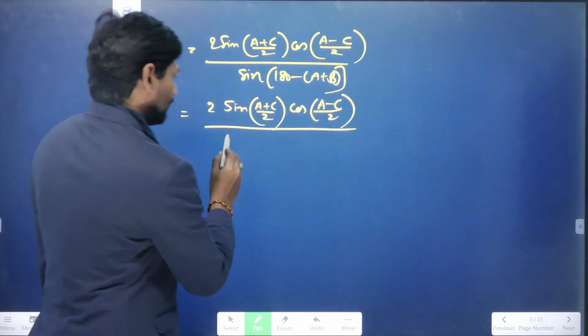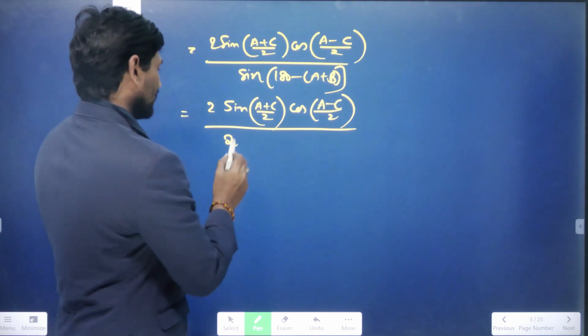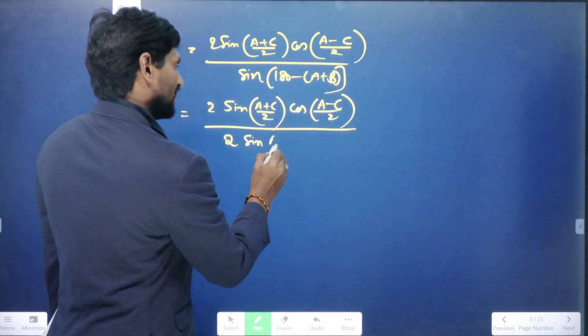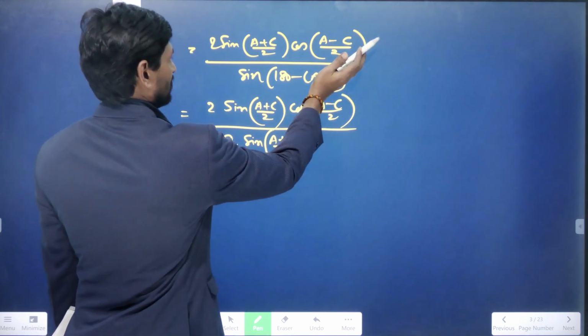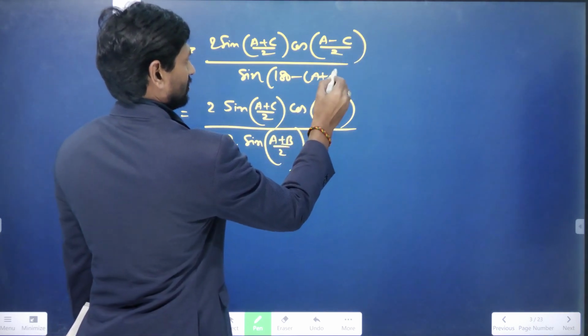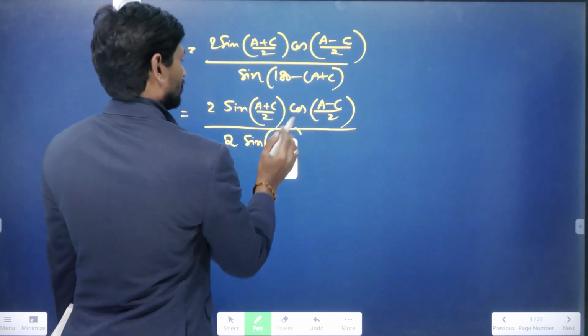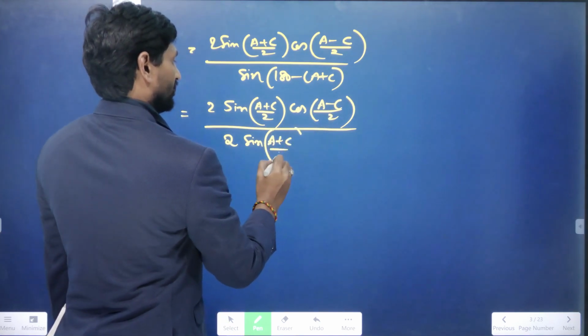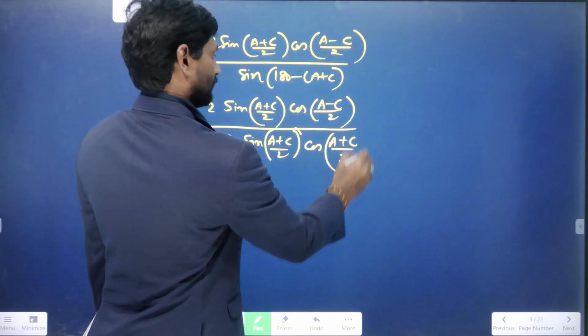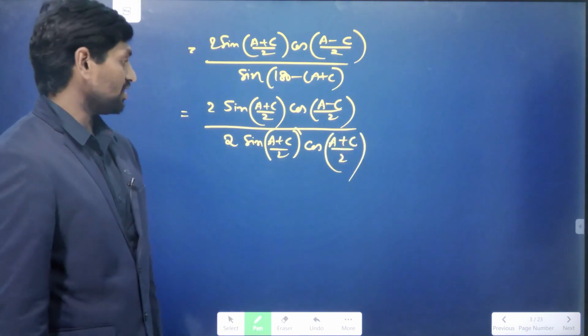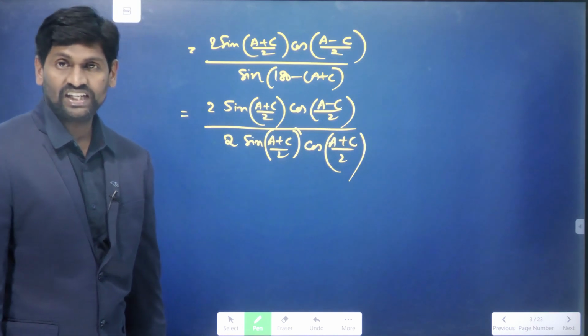Sin (A plus C), I am using the multiple angle formula: 2 sin (A plus C by 2) cos (A plus C by 2), then 2 sin cos. Sin 2 theta is equal to 2 sin theta cos theta.